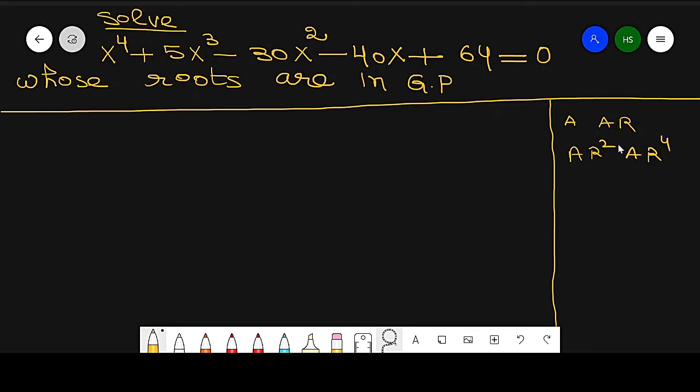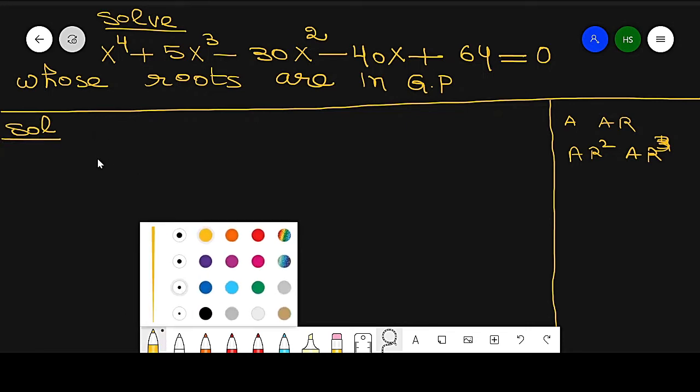The product of the first and last roots, and the product of the middle two roots, are equal. So the common ratio is R and the first term is A. Remember that in a GP series, the product of two roots is equal to the product of the other two roots. Now solution.